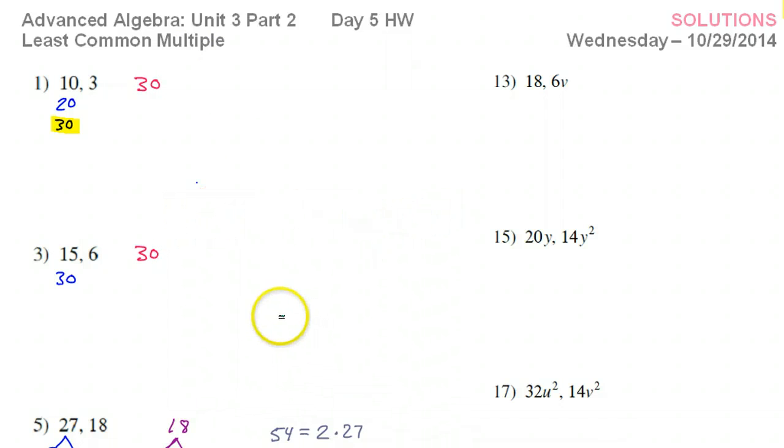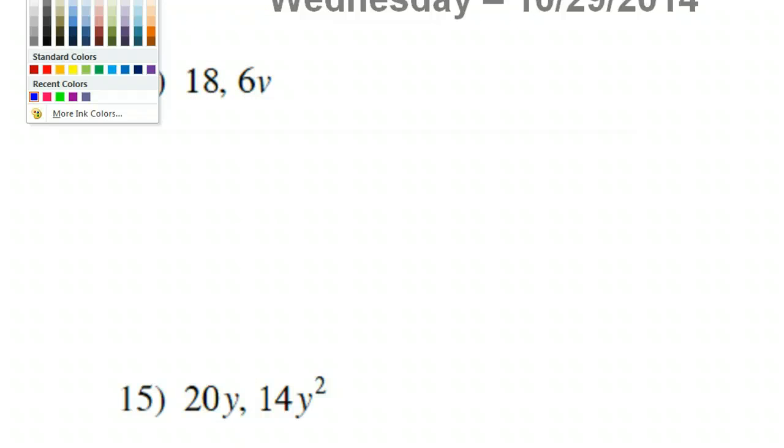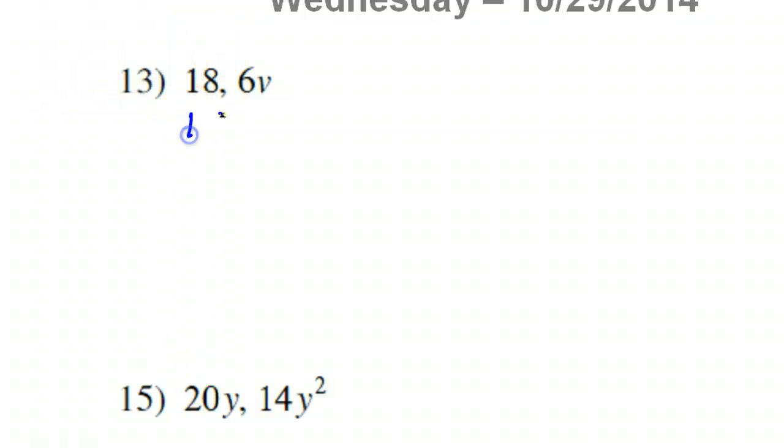Okay, so number 13. The goal is to make these the same through multiplication. We've got 18 and then we've got 6v, and we want these to be the same.